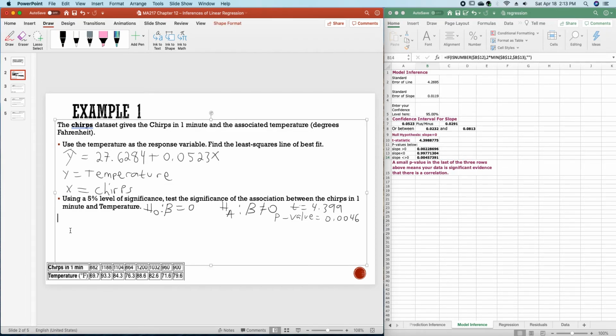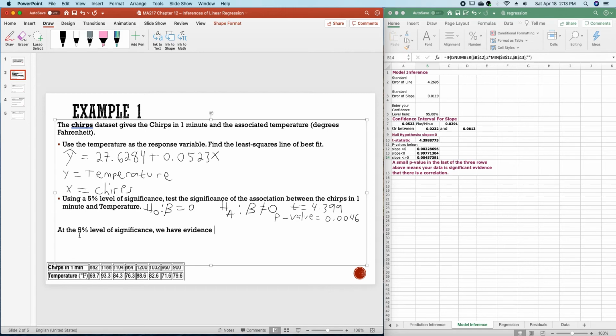I'm just going to type this in here so it's a bit easier than completely writing it out by hand. At the 5% level of significance, we have evidence. Again, that's because the p-value is less than alpha.